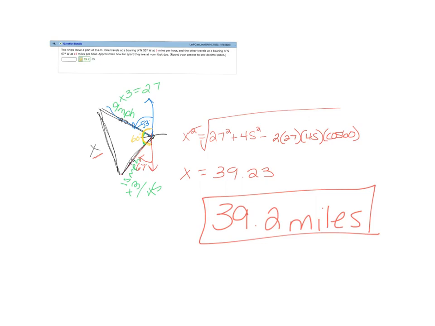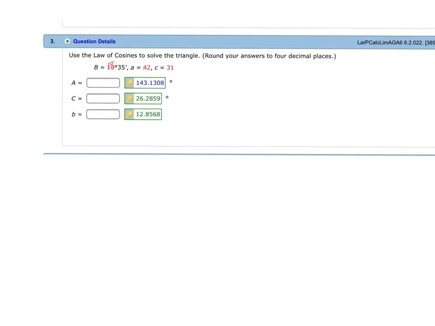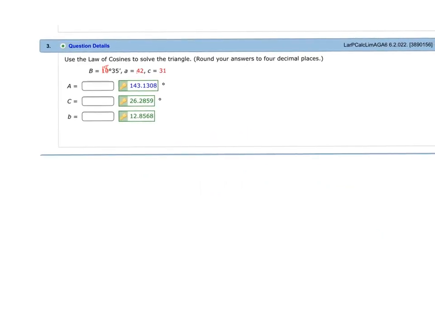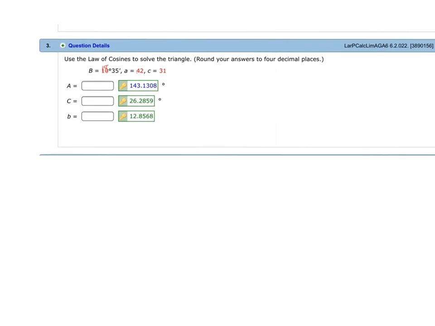Homework 3. All right, so this says to use the law of cosines to solve the triangle and then round to 4 decimal places. So B is given to you, in this case, A and C. If you want to draw the triangle, feel free. If not, we know this is law of cosines because that's side angle side.